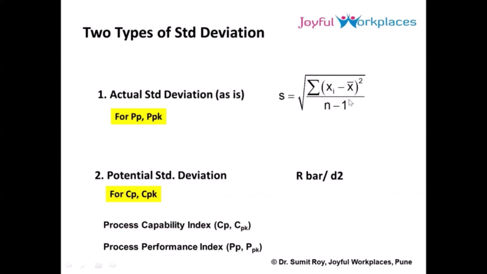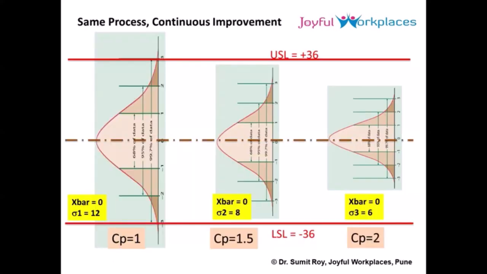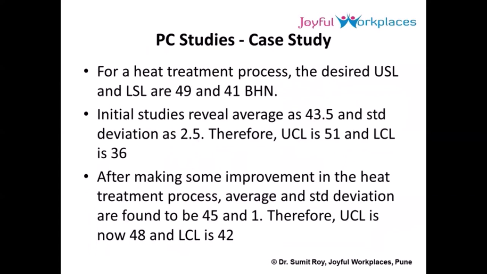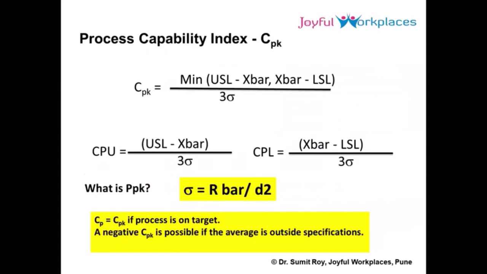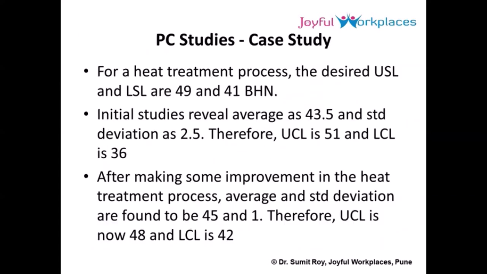If you calculate it by calculator, instead of the standard deviation which I said was R bar by D2, you get what is called PP. And PPK has the same formula as CPK; only the standard deviation changes. I hope you are able to understand the basic thing.